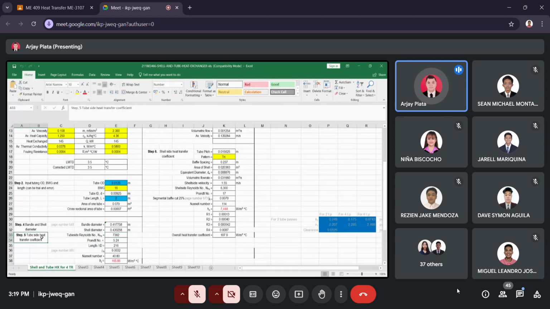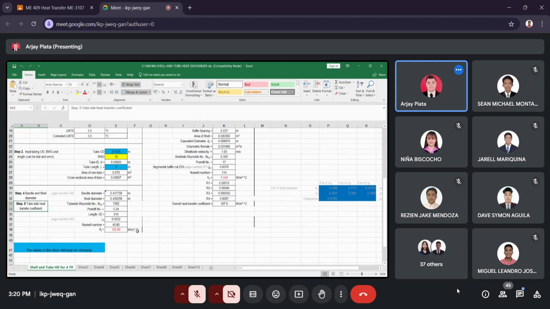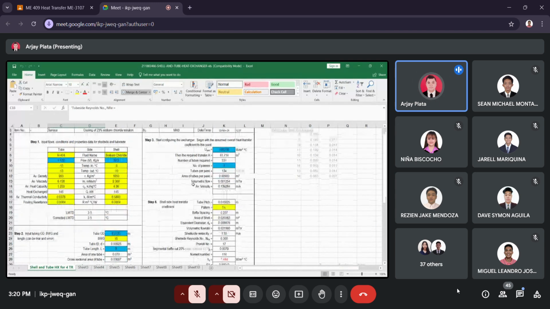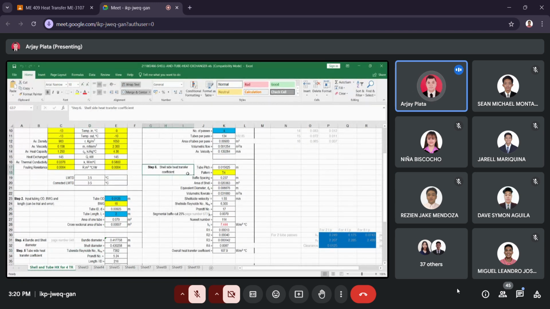Next is tube side heat transfer coefficient. We have the Nusselt number, Prandtl number, and Reynolds number. You can find it here. Step 6 is shell side heat transfer coefficient.